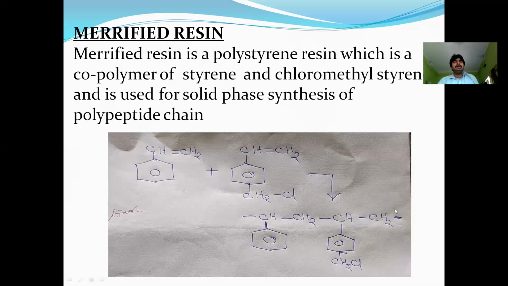So why is this bond? This bond and this bond are used to represent the polymer. So this is the structure of Merrifield resin.